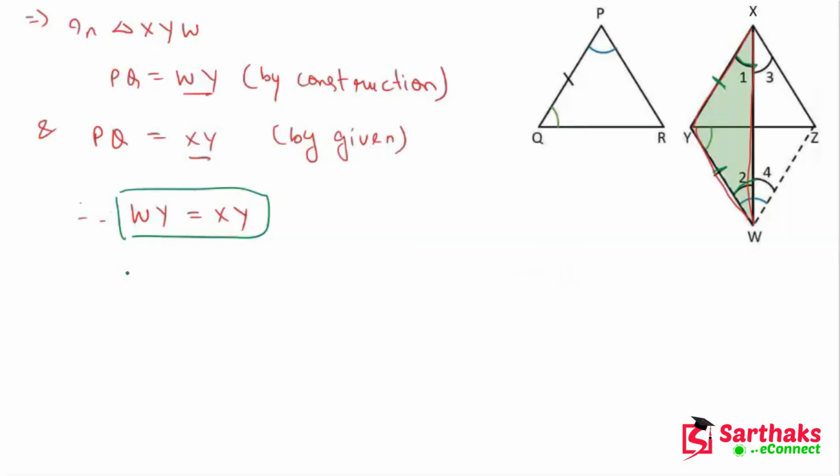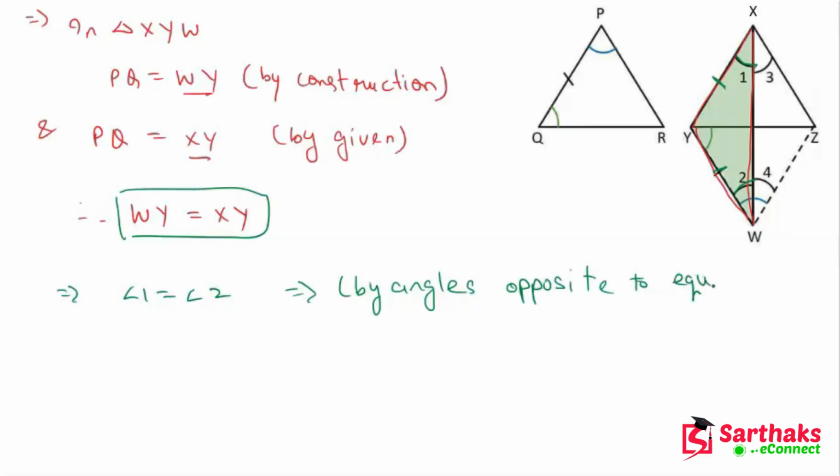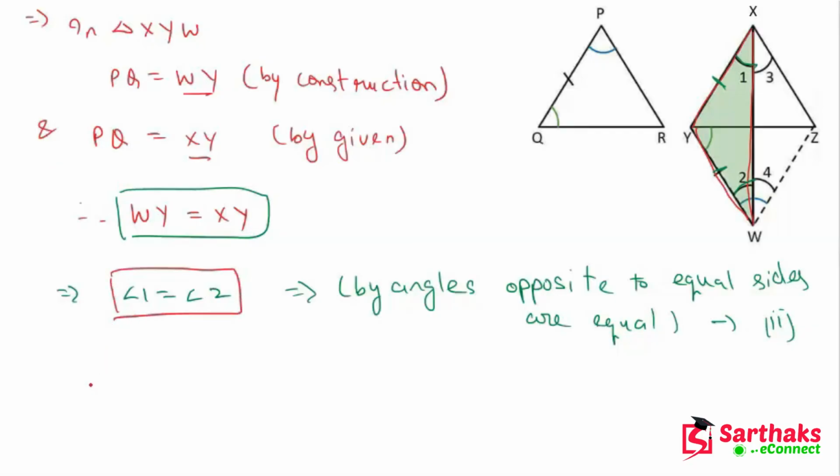So we can write here angle 1 is equal to angle 2, by angles opposite to equal sides are equal. This is the second equation. Okay, I hope you get this point.